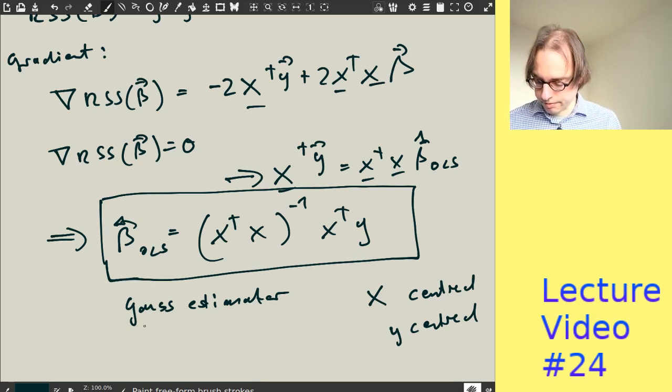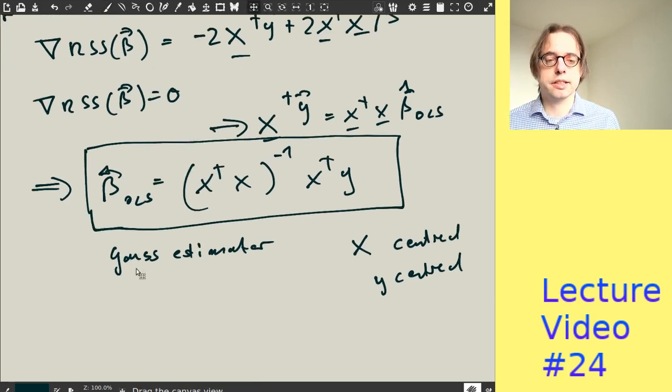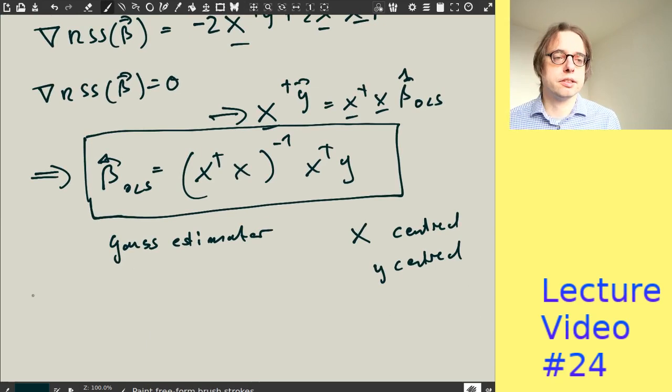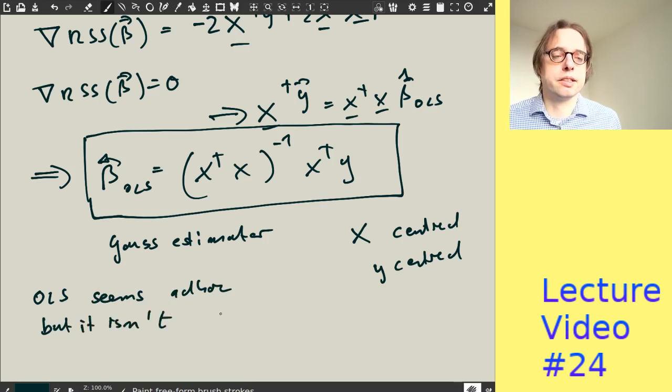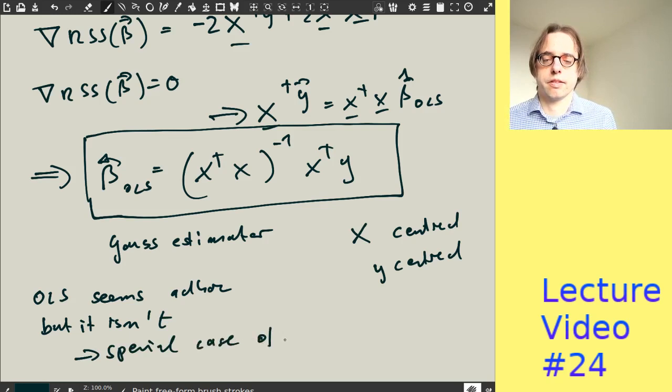The interesting thing is that OLS, of course, seems ad hoc, but it actually isn't, because as we will see, it's basically a special case of maximum likelihood. And that's why it's important. You can see that it shares the derivation and commonalities with maximum likelihood.